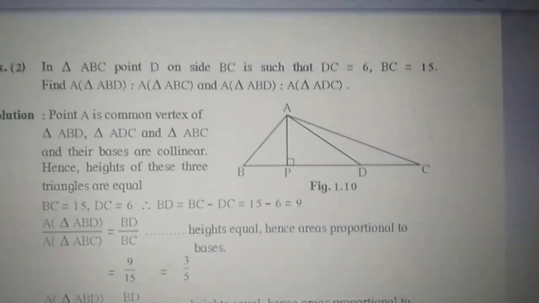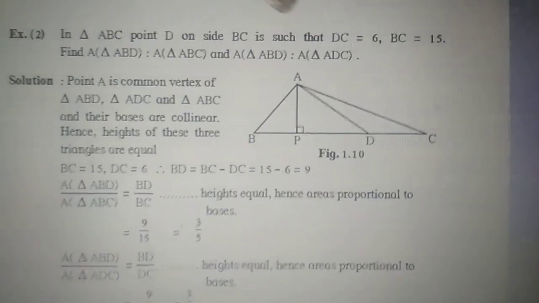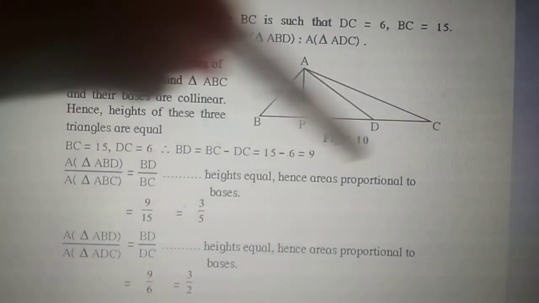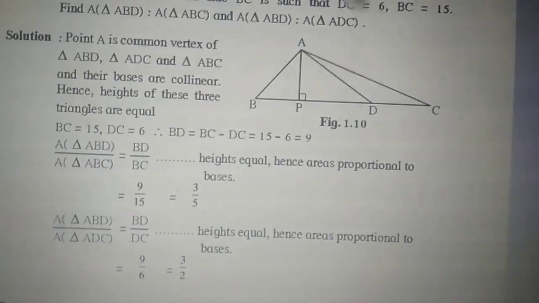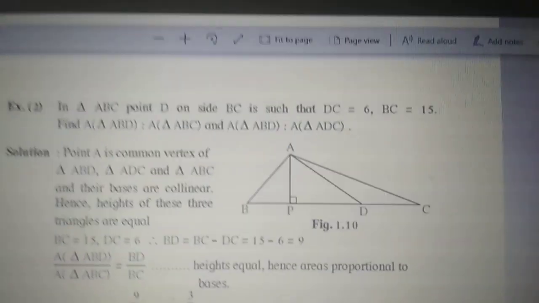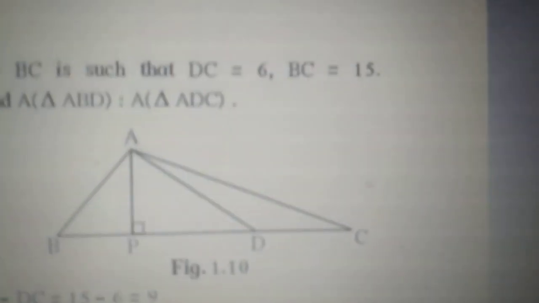Now BD is not given, right? Second, area triangle ABD to area triangle ADC. DC is given. Now we want to find BD, because what do we see from observation?